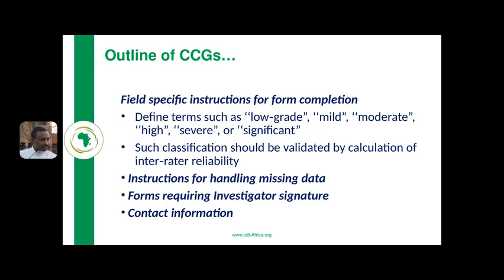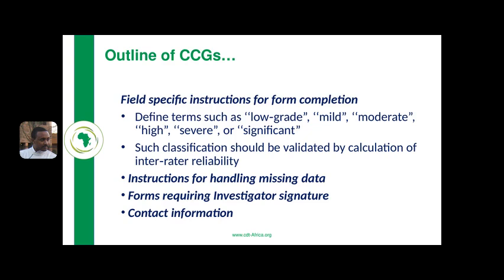We also need to highlight forms requiring investigator signature. Generally, for electronic CRF, all the modules need to be signed by the investigator. In the case of paper CRF, the investigator should sign at the end of each CRF. But anyhow, the specific procedure should also be indicated in the guidelines.